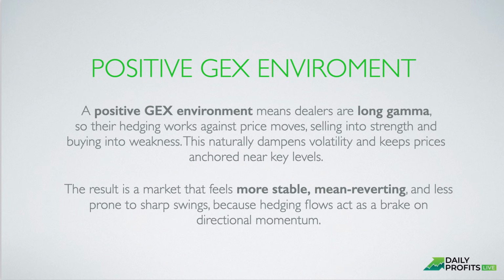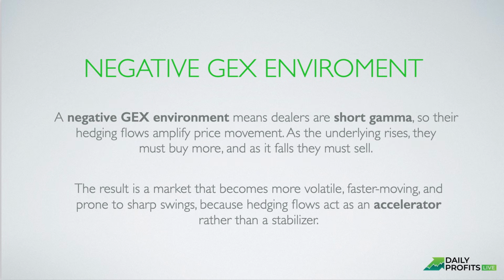Conversely, and this is one of those important ones to think about, is when we are in a negative GEX environment, then that means that dealers are short gamma. So their hedging flow amplifies the price movement, okay?